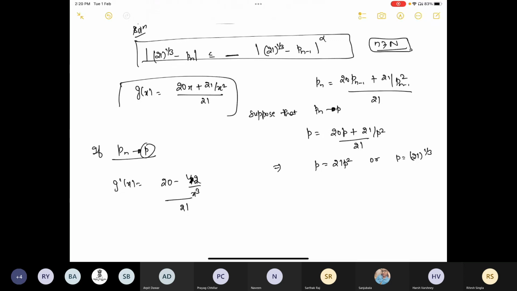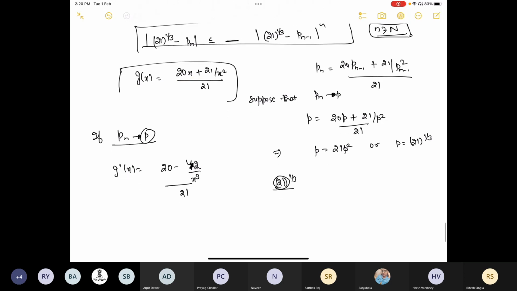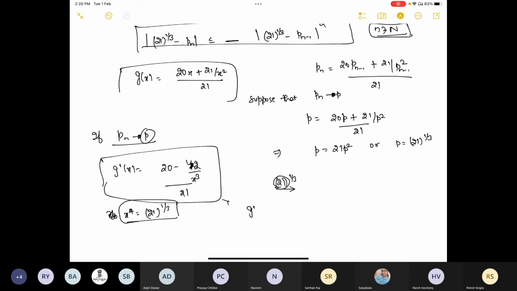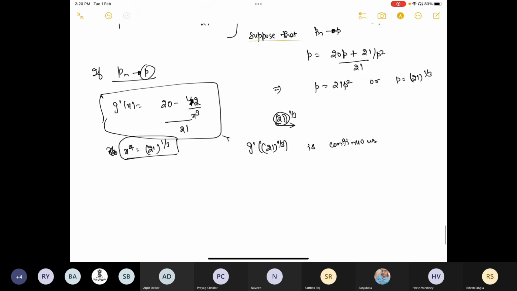So now you can find your exact solution, say 21 to the power 1 by 3. So now find some neighborhood of it. If I say x star is equal to 21 to the power 1 by 3, then around x star, g prime x is continuous, right?